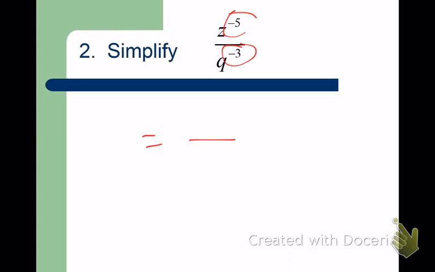So here's my fraction bar, which means I'm going to take the q and move it up and the z and move it down. So we would have q to the 3rd over z to the 5th. Move the base and flip the sign of the exponent. That's what we're getting at here. Okay? Does this make sense? Try number 3 real quick. I'll give you a couple seconds and see if you're right.